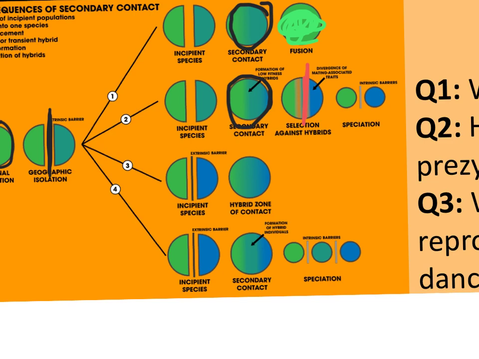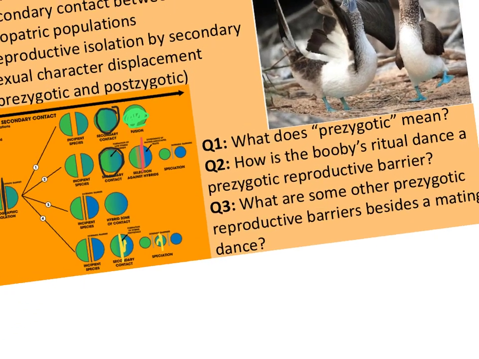But in this lower one, there's actually this formation of a hybrid zone right in between. And these are hybrids. In some cases, you can even create a third species instead of a second one.